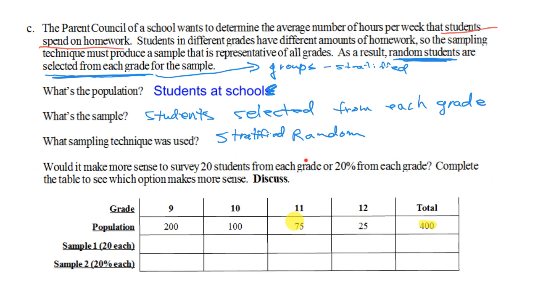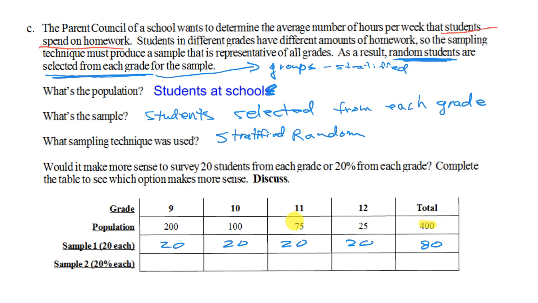So would it make more sense to survey 20 students from each grade or 20% from each grade? Let's complete the table to see which one works best. So if we take 20 students from each grade, this is what we get. We get 20 students from each grade, 9, 10, 11, and 12, which gives us a total of 80 students.